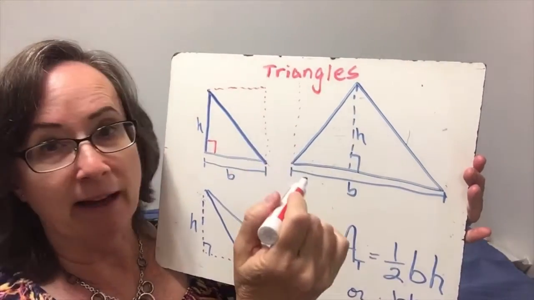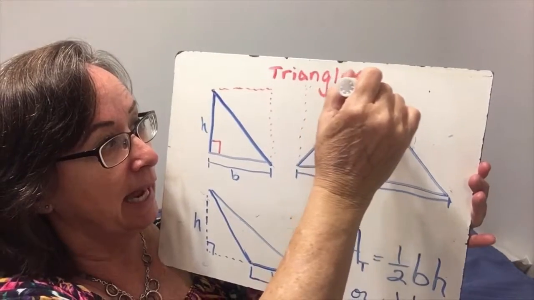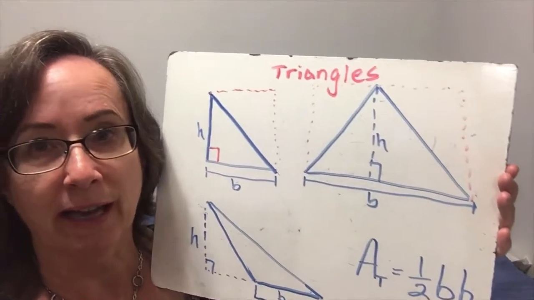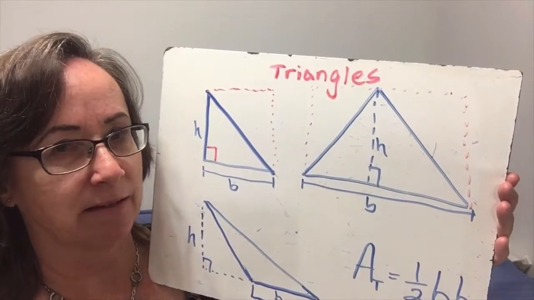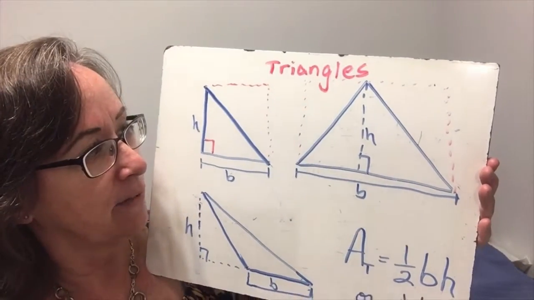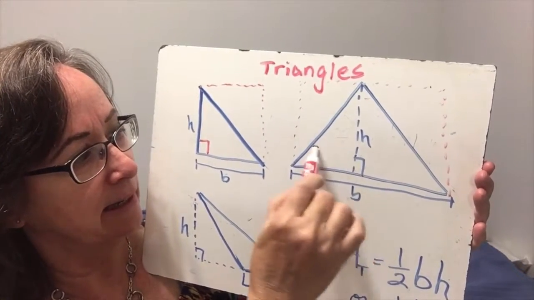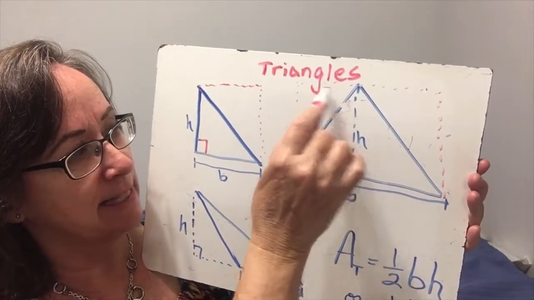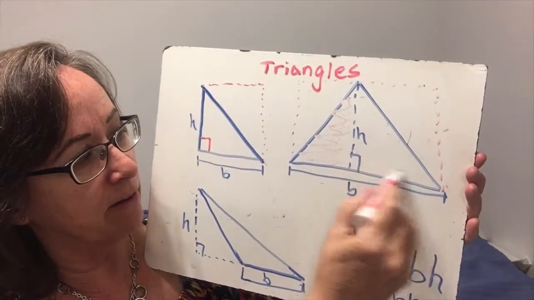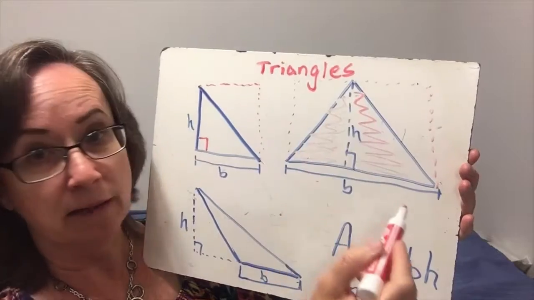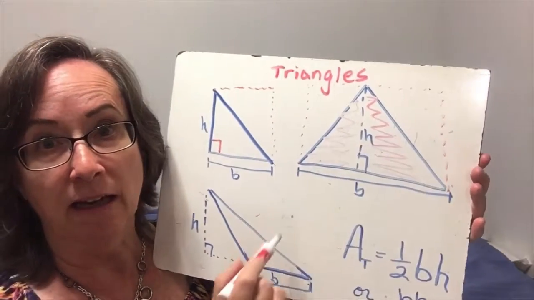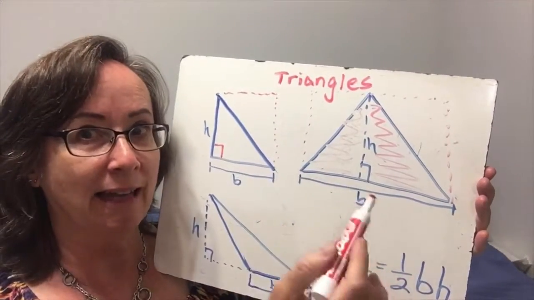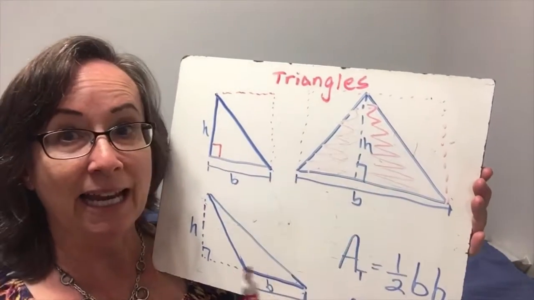If I make a vertical line there and enclose my entire triangle in a rectangle exactly enclosed, then wouldn't this side of the triangle be exactly half of this side of the rectangle, and wouldn't this side of the triangle be exactly half of this side of the rectangle? So the area of the triangle would be exactly half of the rectangle that enclosed it.